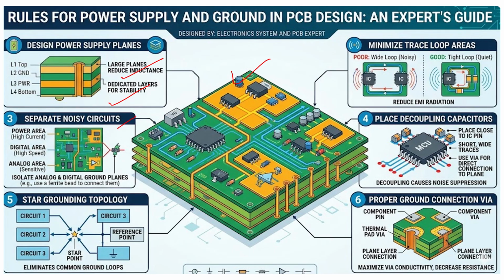So you can have the power area for high current, digital area for high speed, and analog area for sensitive circuits, right? And proper ground connection: not only power but ground also matters. And why is it so? Plane layer connection, so maximize via connectivity to decrease resistance. So plane layer connection is here, component pin and thermal pad via. Okay, so these are the important points.